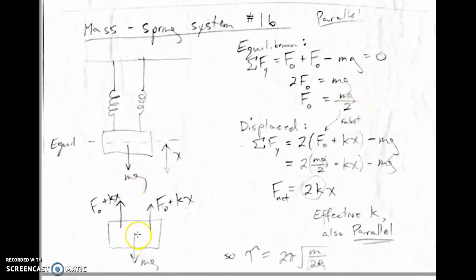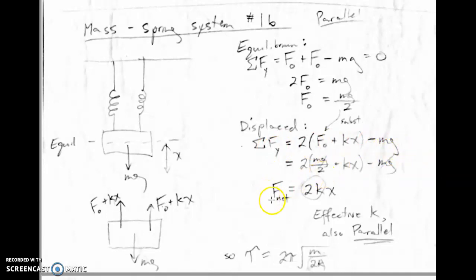Then when it's displaced downward an extra distance, x, the upward force is F naught plus kx for both of the springs. So that minus mg is the net force, and it's not balanced, but that's what the net force is. You notice I don't set it equal to anything.